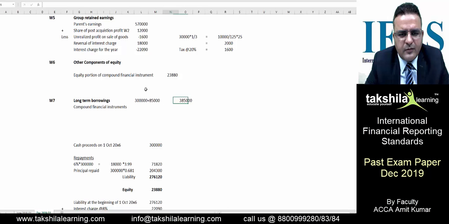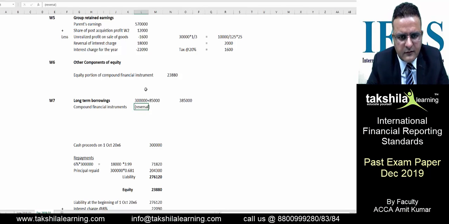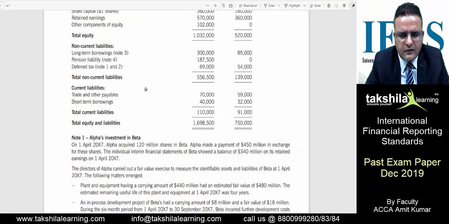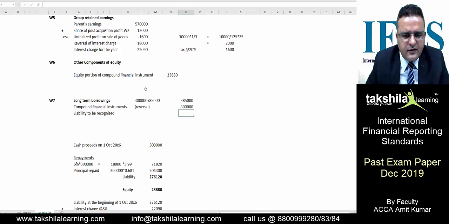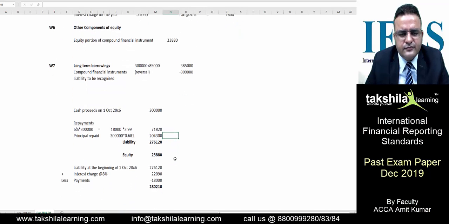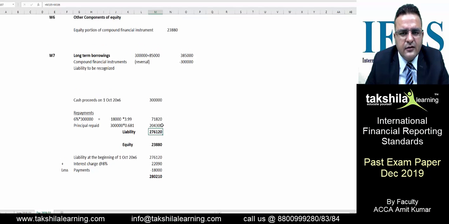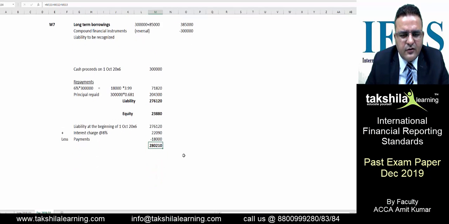So this 300,000 will be replaced, reversal, minus 300,000. The liability to be recognized by the end of the year is equal to 276,120, which is the opening liability, and the closing liability is 280,210.